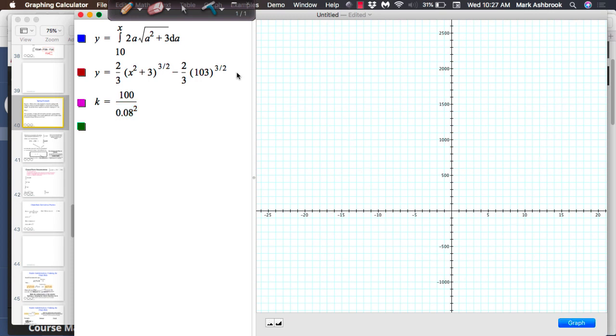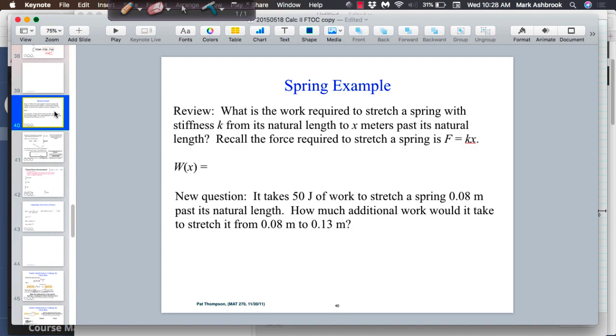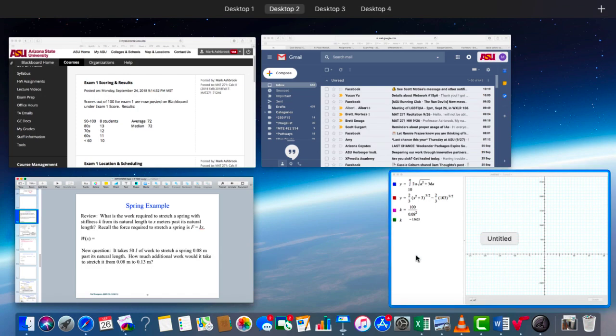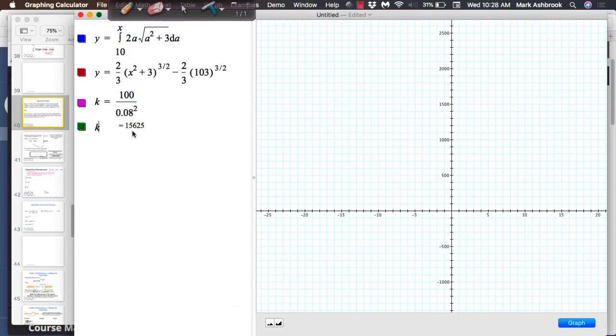So what is k? k is 15,625. And then we wanted the work to stretch it to 0.13. So how much additional work would it take to stretch it from 0.08 to 0.13? Now we know k is 15,625. So write an expression that will give the amount of work.